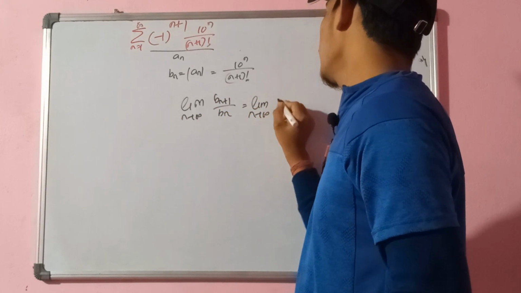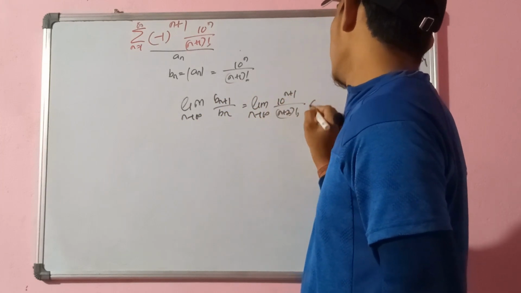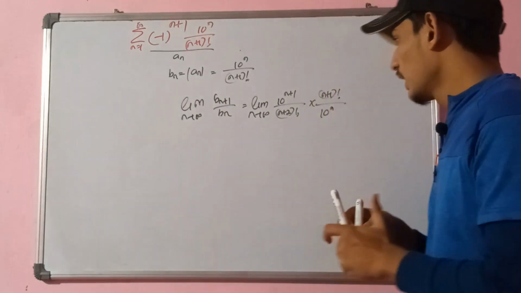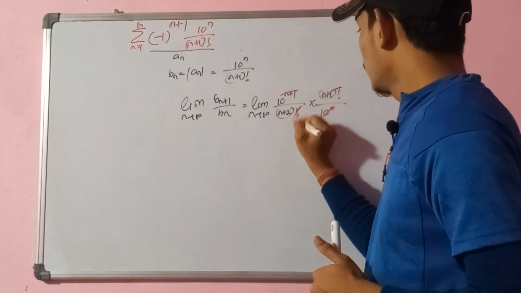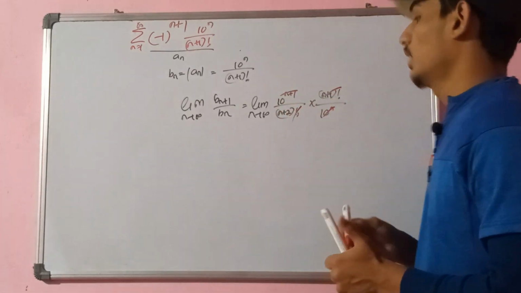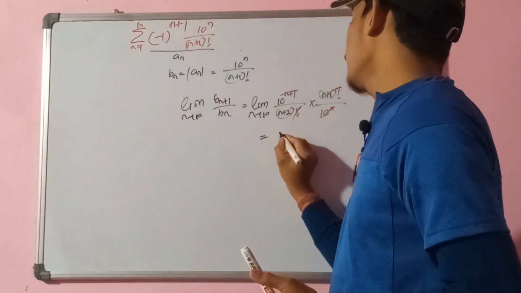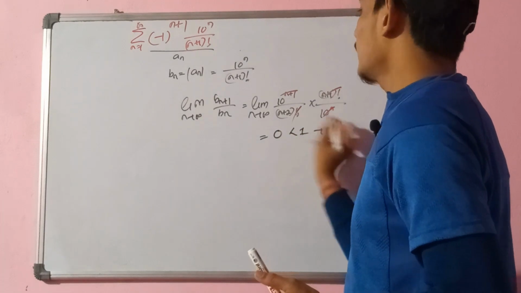Limit n tends to infinity 10 to the power n plus 1 by (n plus 2) factorial into (n plus 1) factorial divided by 10 to the power n. See here, 10 to the power n will get cancelled out. This will be 10 by n plus 2. If you put infinity in place of n, what will you get? 10 by infinity means 0, which is less than 1. That means this series is convergent.